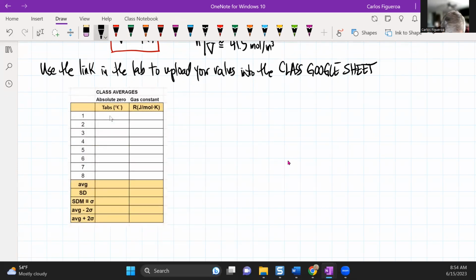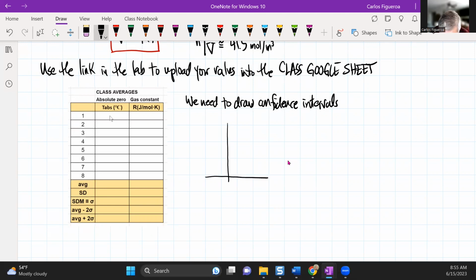So now we need to draw confidence intervals. So then what we're going to do here is that if I have a confidence interval, let's say for absolute temperature, I'm going to have a curve that's going to look something like this.